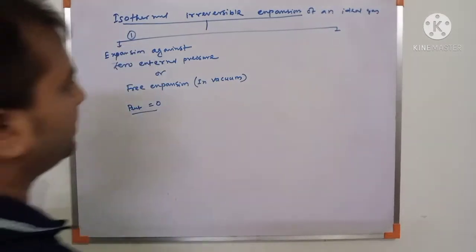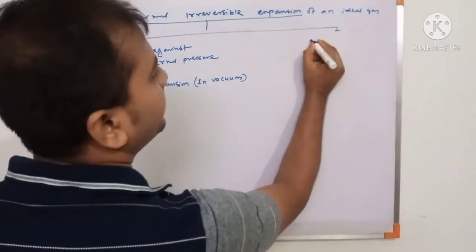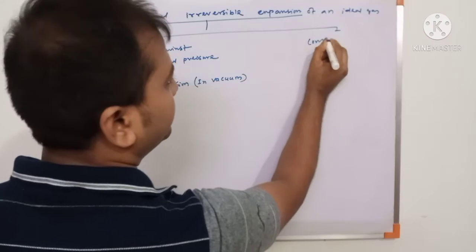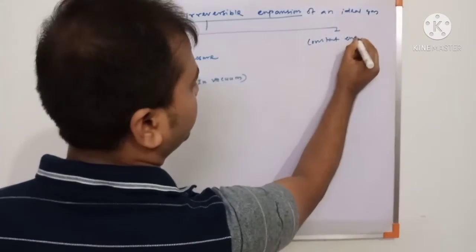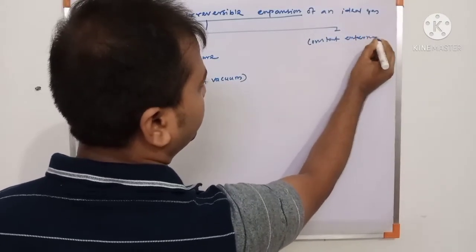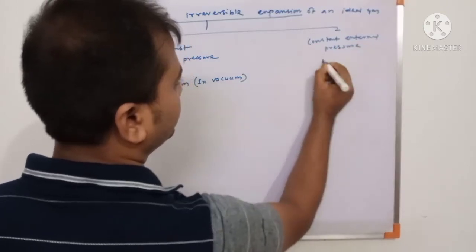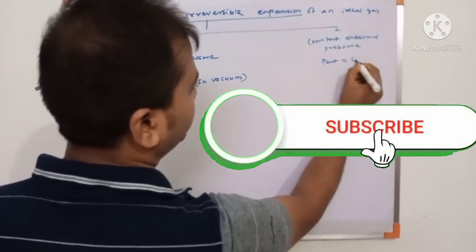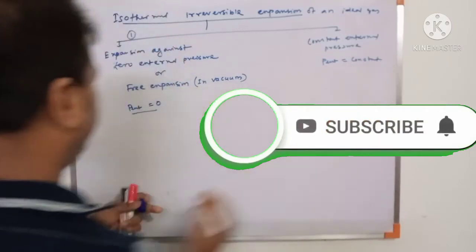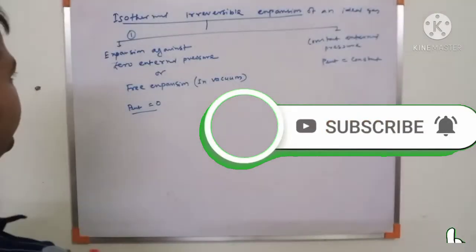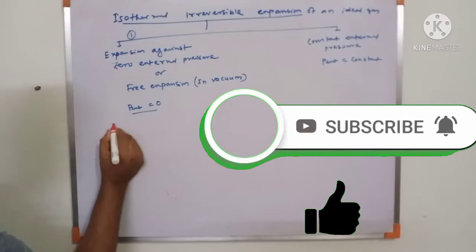Case 1, condition 1. The second condition is constant external pressure, so P external equals constant. Now condition 1, calculate work.